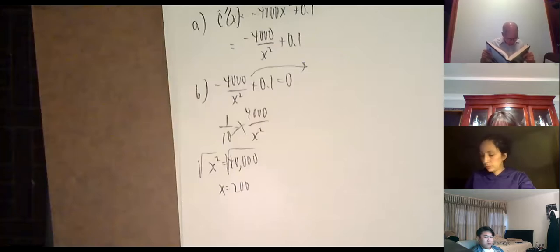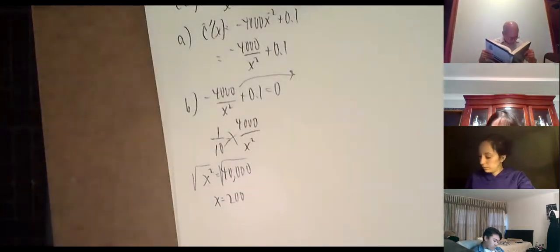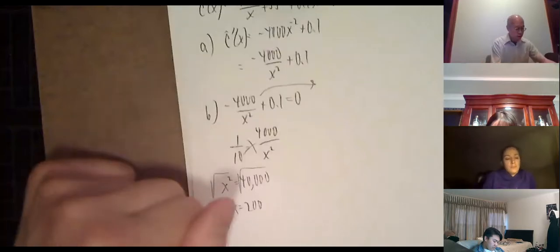Okay, C, at the value found in part B, find the instantaneous rate of change of cost and find the average cost. So you have to plug in 200 here. So they say, find the instantaneous rate of change of cost and find the average cost. So C bar of 200.